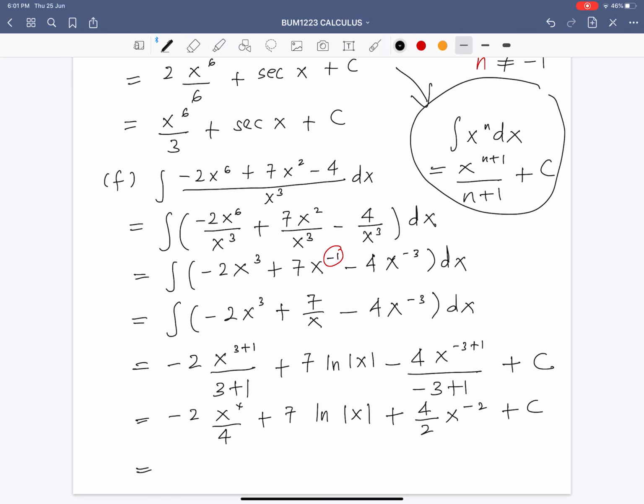And this can be simplified as negative x to the power of 4 over 2 plus 7 ln modulus x plus 2 x to the power of -2, which can be rewritten as 2 over x squared, plus c.